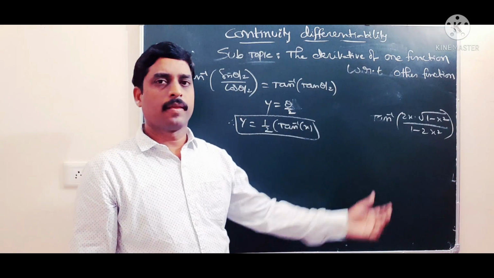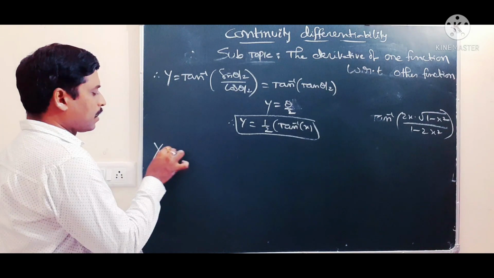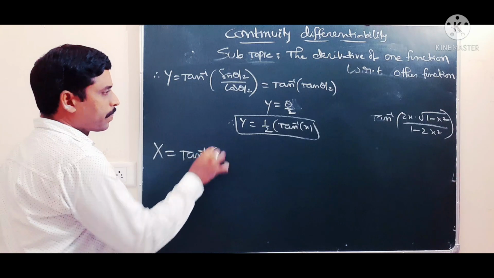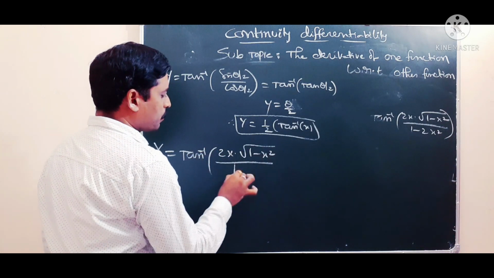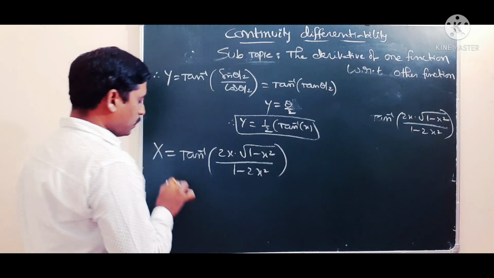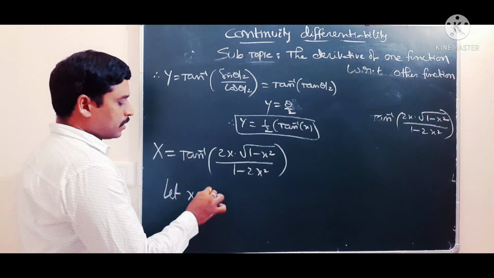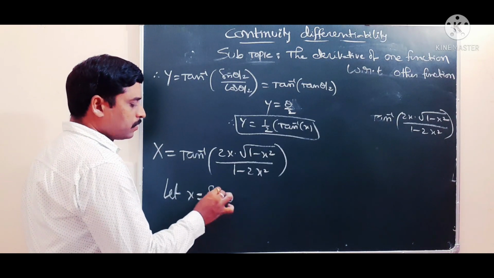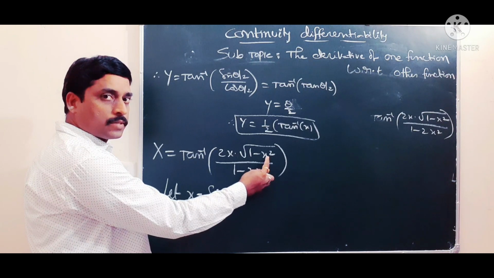Now let us simplify the x value. What is the x value? x is equal to tan inverse of 2x into root 1 minus x square by 1 minus 2x square. So let us take x is equal to sin theta, because root 1 minus sin square theta is cos theta.